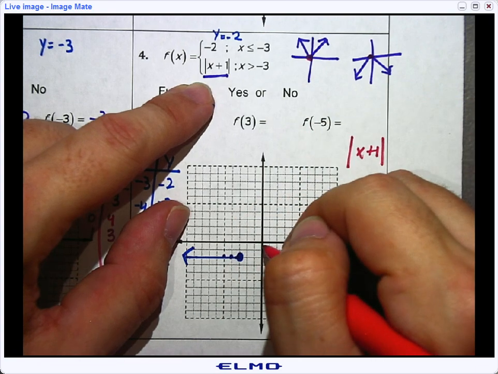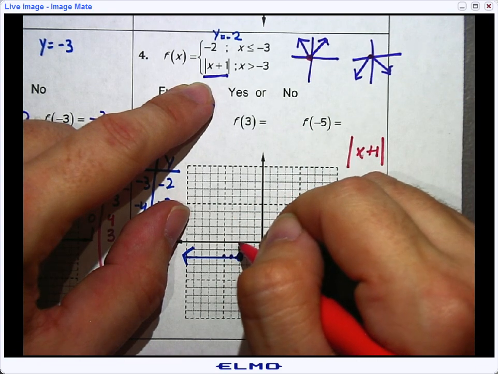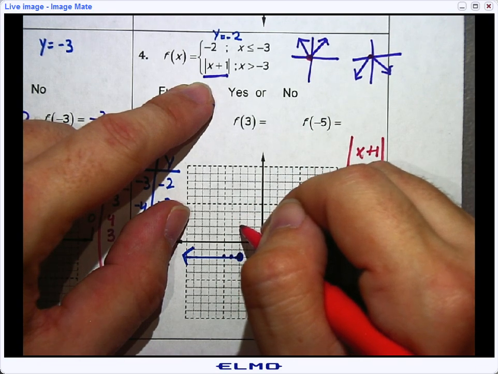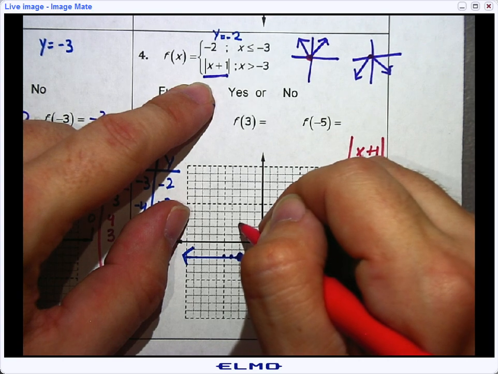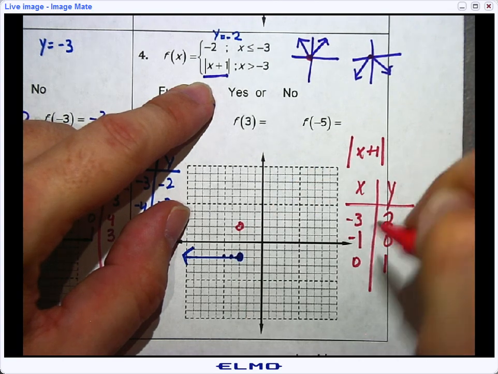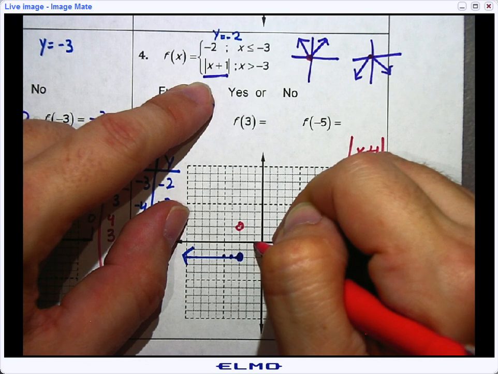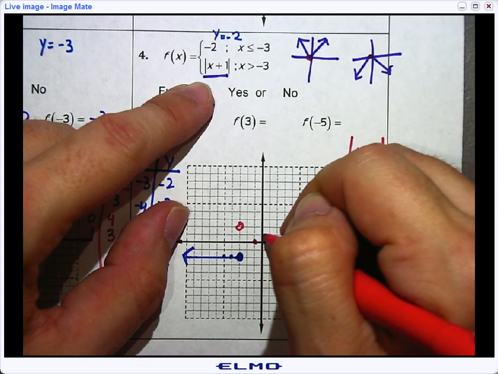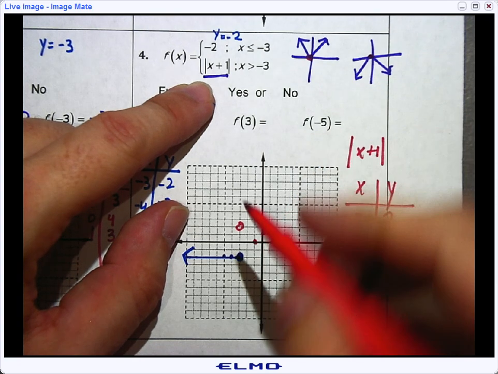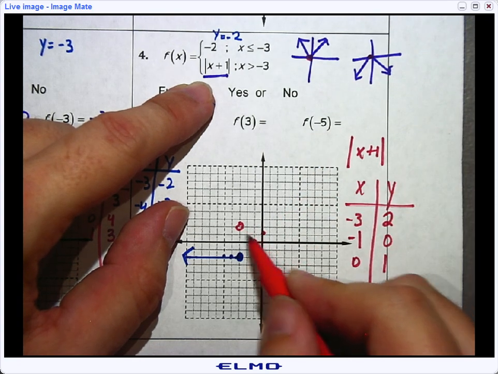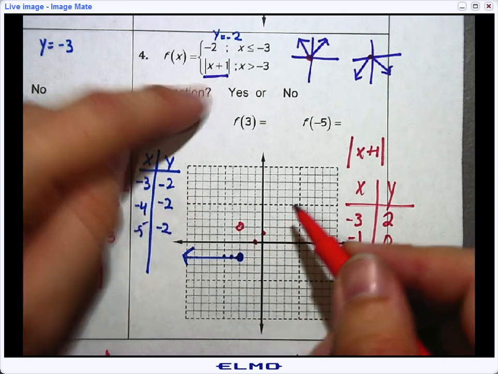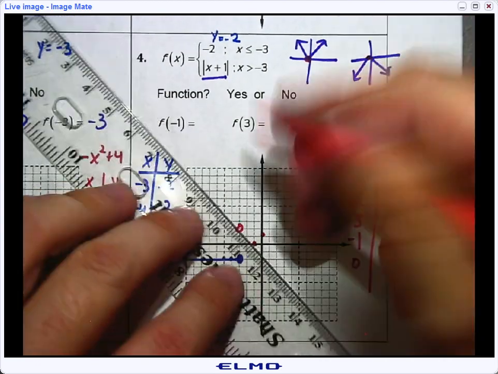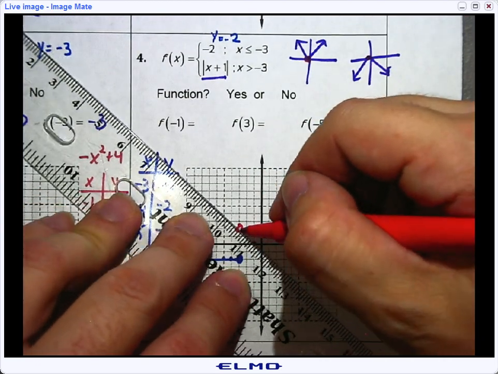-3, 2. So we go over 3, 1, 2, 3, up 2, 1, 2. This would be an open dot. -1, 0. So I'd have a point right there. And then 0, 1. I'd have a point right there. So this is going to give us that V shape right there. All right. So it would come down and connect like this.